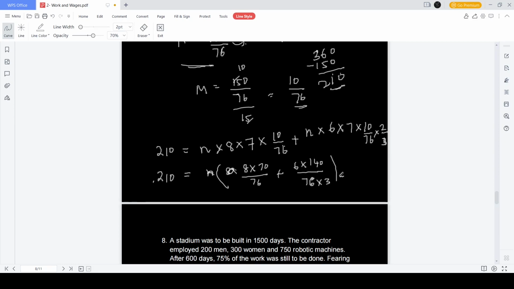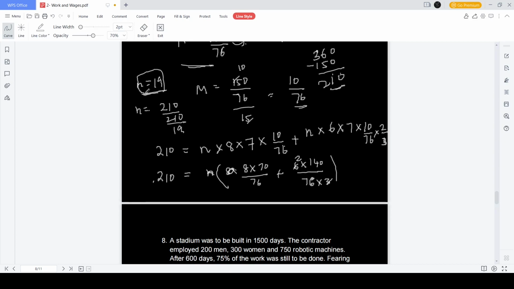So this is what you're left with, and we can cancel this 2 times. So n you get as, just going to crunch these numbers, 210 by 210 by 19. Okay, so n equal to 19.